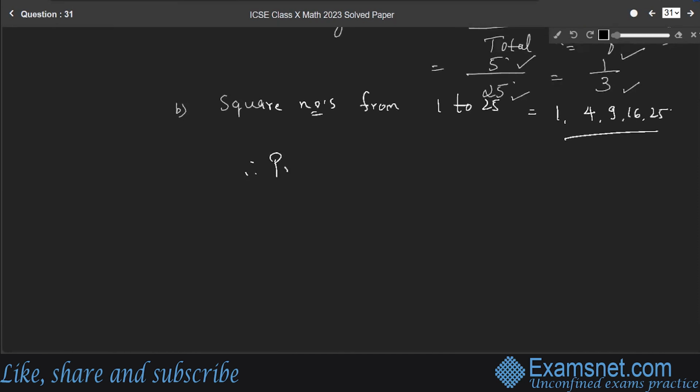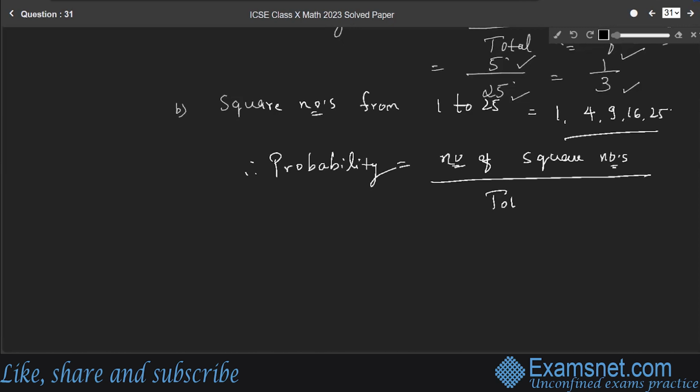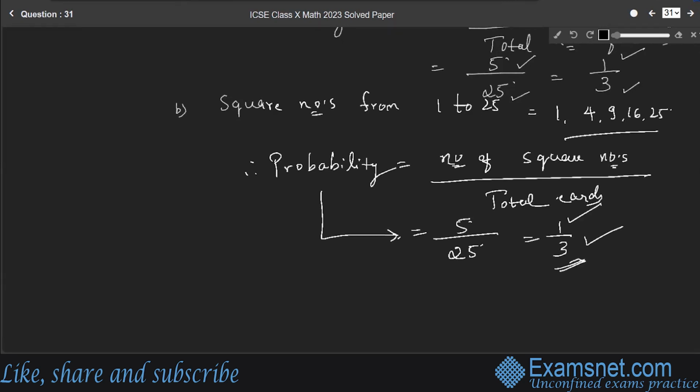Therefore, the probability is the number of square numbers divided by the total number of cards, 5 out of 25. So again the probability is 1 by 5, meaning for every 5 cards there will be 1 perfect square.